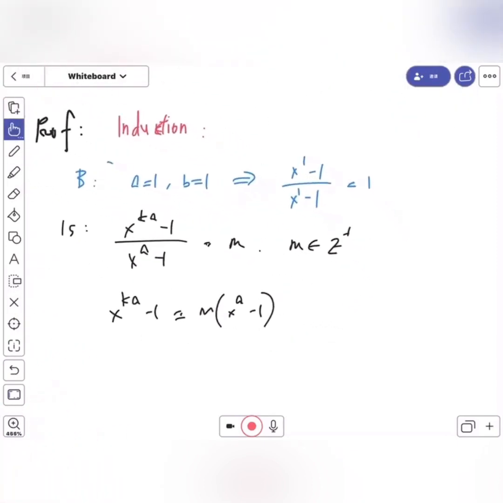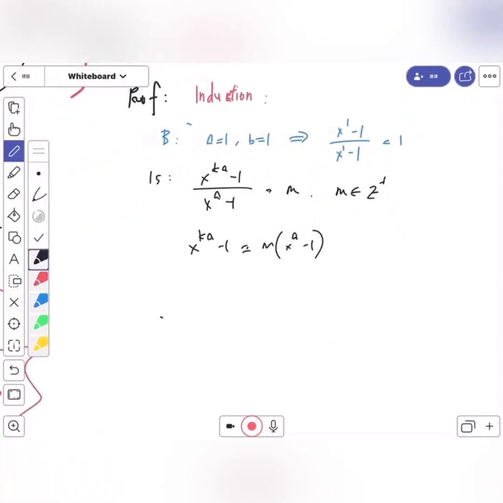Now let's look at the relationship between x to the ka's power and x to the (k plus 1)a. Now, we're just essentially adding, plus x to the (k plus 1)a minus x to the ka.